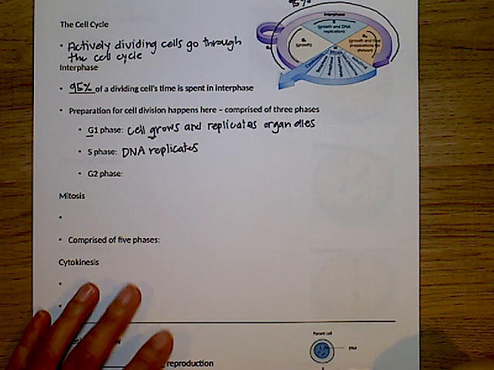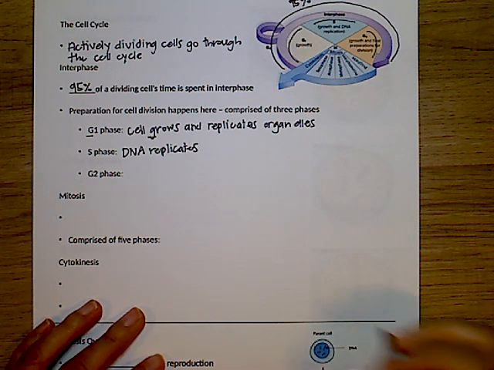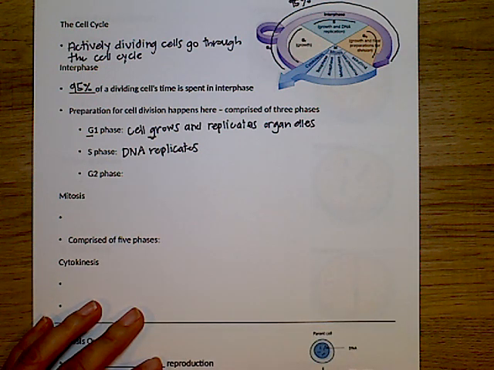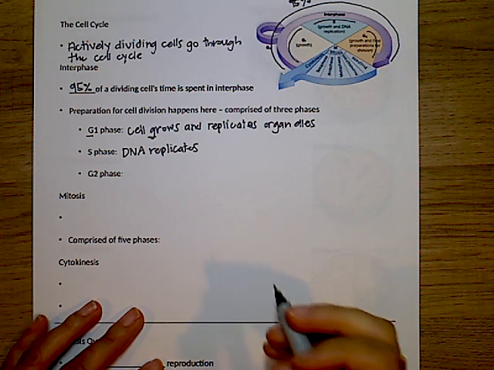And then in the G2 phase, the cell grows and makes proteins for cell division, like microtubules, so they can help separate the DNA.